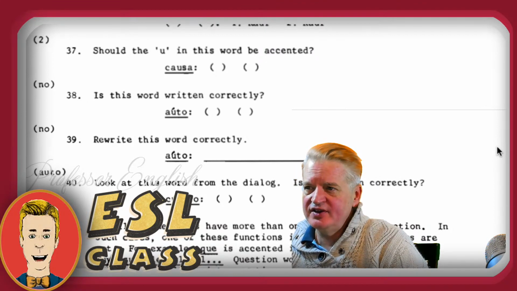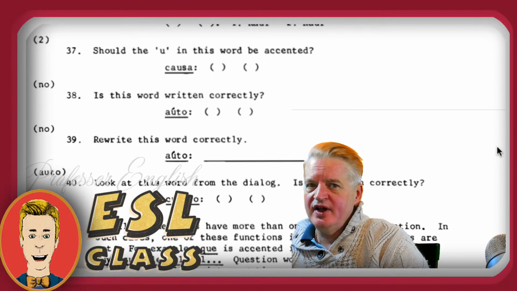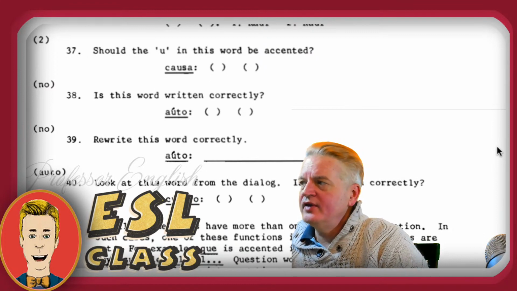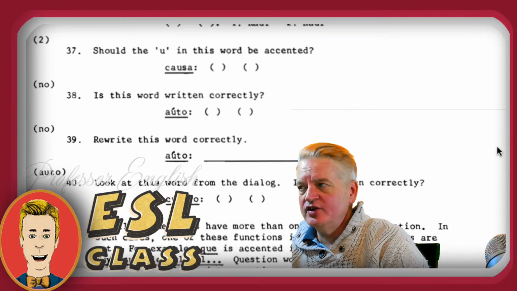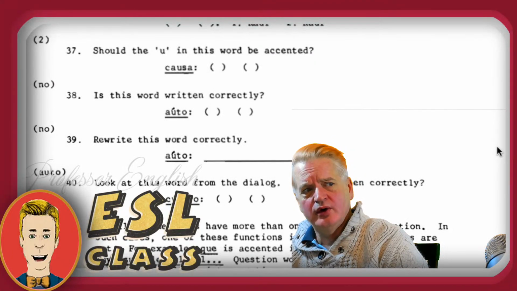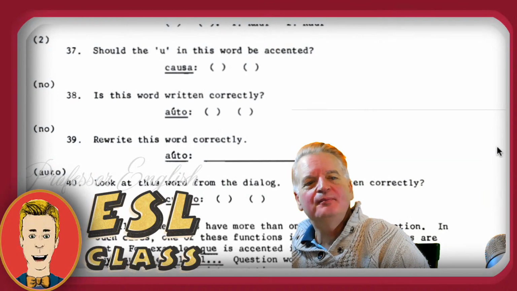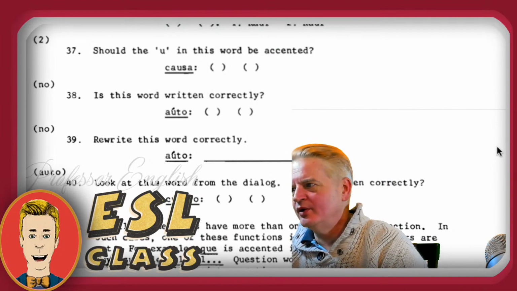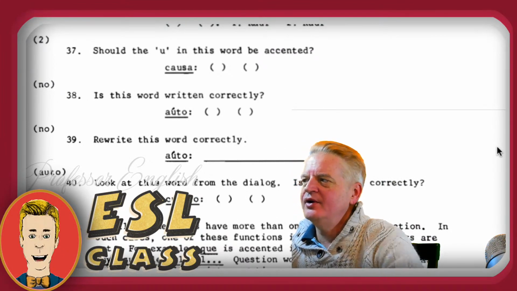It's hard to say because it's kind of A and U together. Let's see. No, it's not written correctly. According to the document, it's not. So there should not be an accent on that. Maybe the A is the strongest sound. Okay. Maybe if you had the accent on the U, it would sound different. Okay.